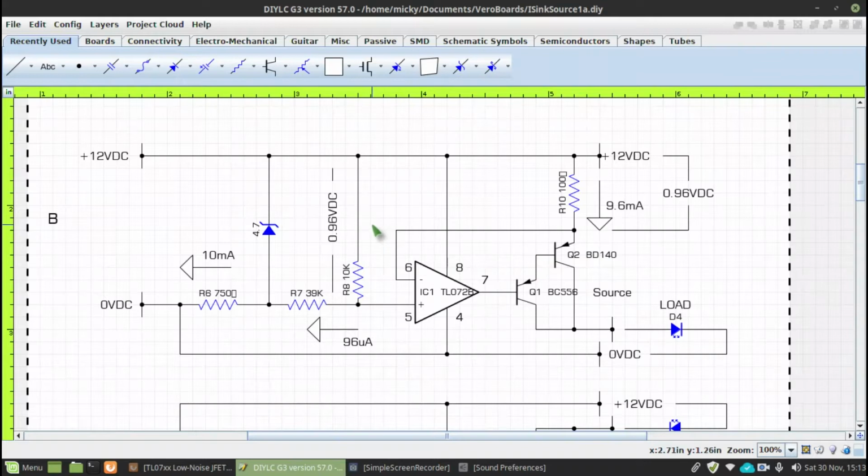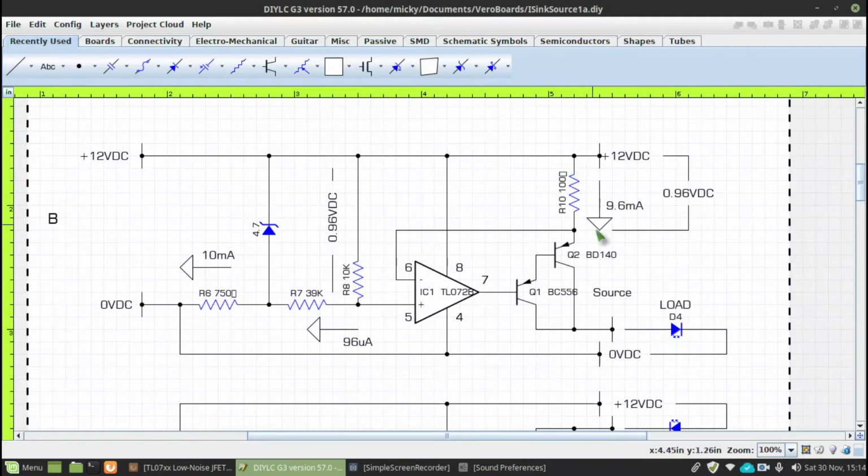The 0.96 volt DC should produce a 9.6 milliamp current flowing through R10, which is a 100 ohm resistor. The ohm sign on this CAD program always is a rectangle rather than an ohm symbol. It's a bit odd, but once you get used to it, it's fine.